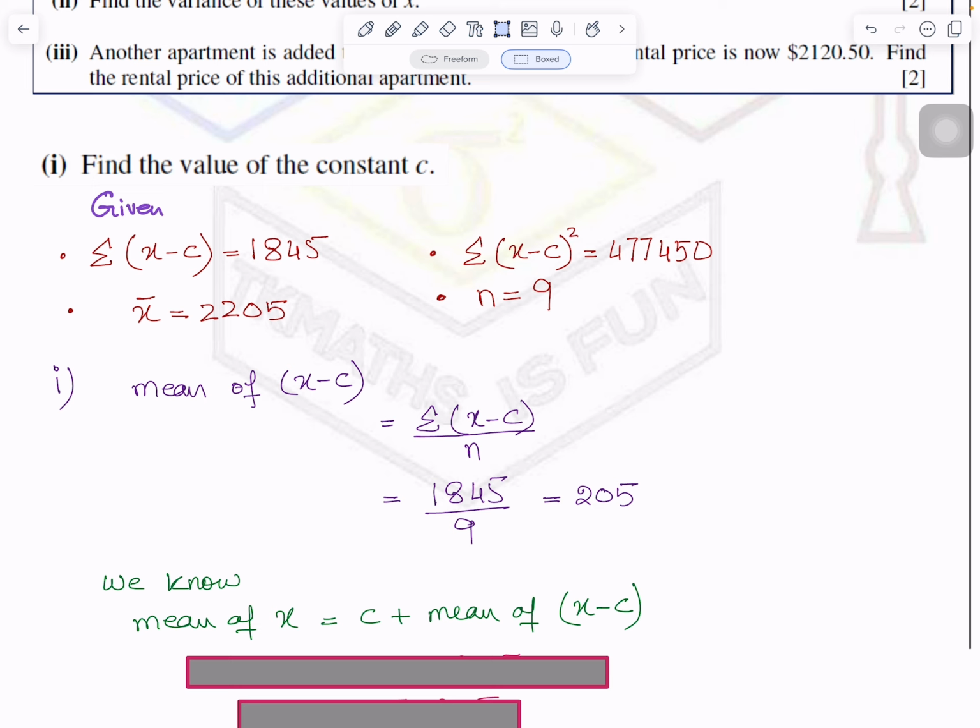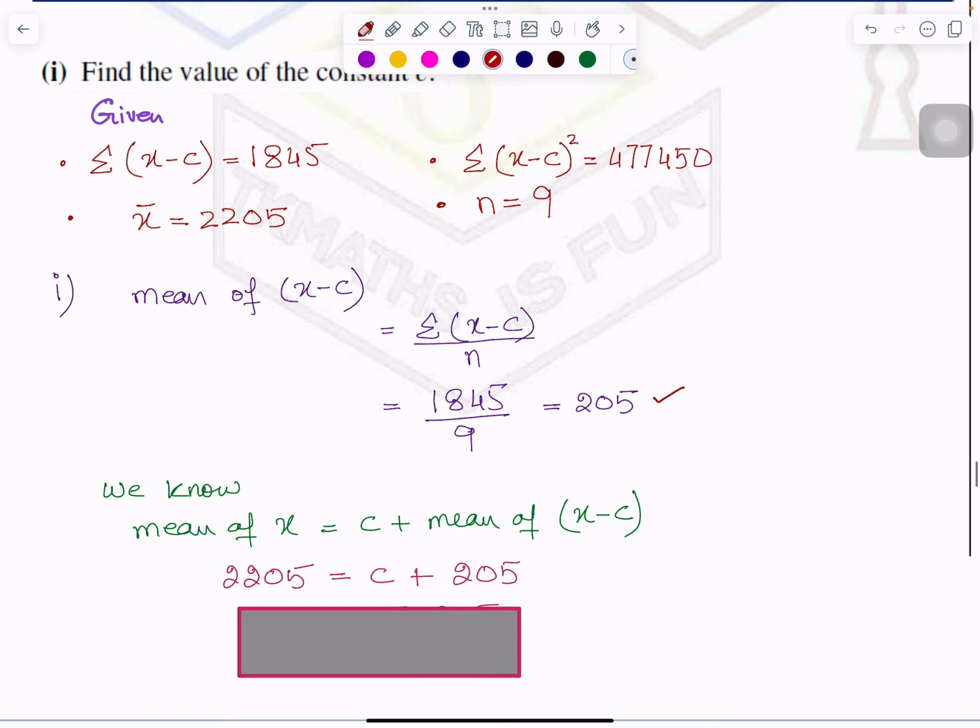So if you have the mean of X minus C as 205, then to get the mean of X, what do you have to do? Simply add the value C to it. Which value? The mean of X, right? So this is the formula, and when you solve it, you will get C equals 2,205 minus 2,005.